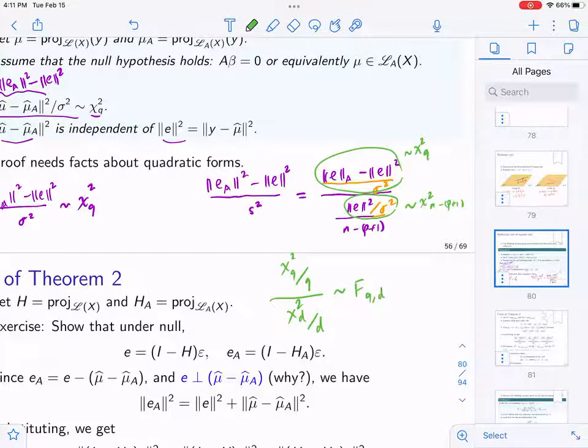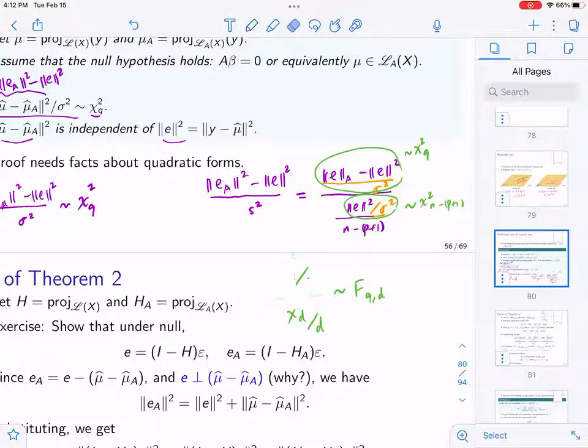Assuming what? The ratio of any two chi-squared. This could be exactly the same as this, they would cancel out, and there would be no F. So what is the condition?